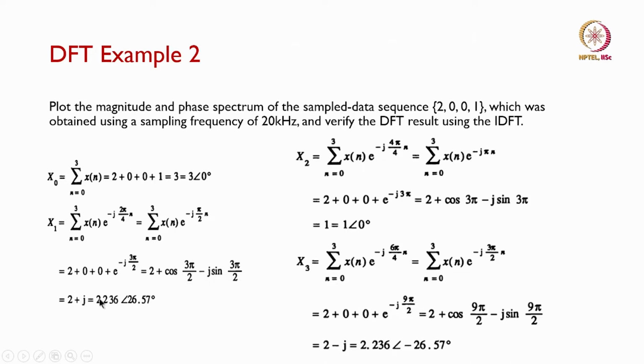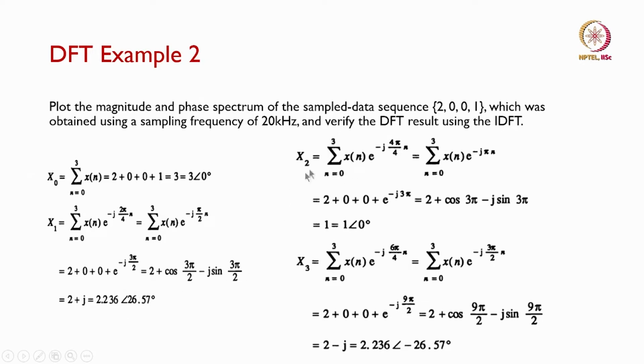When you calculate your magnitude, it is going to be 2.236 at an angle of 26.57 degrees. Magnitude is computed with the square root of real squared plus imaginary squared, and the angle will be tan inverse of imaginary divided by real.